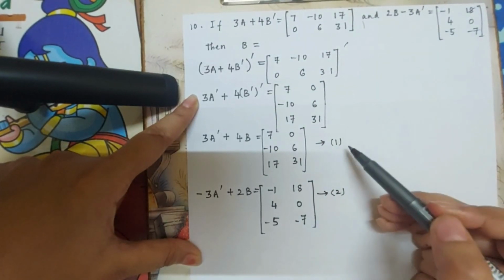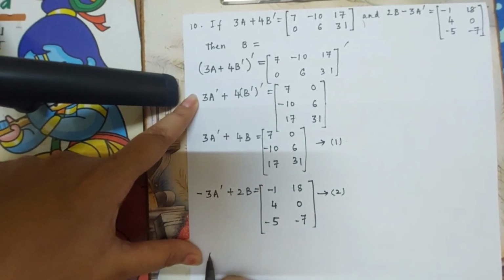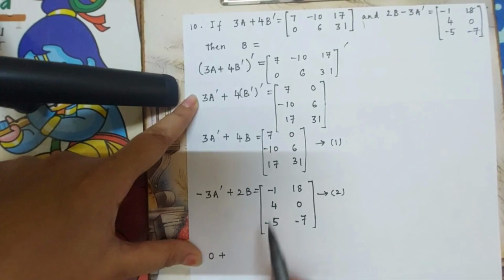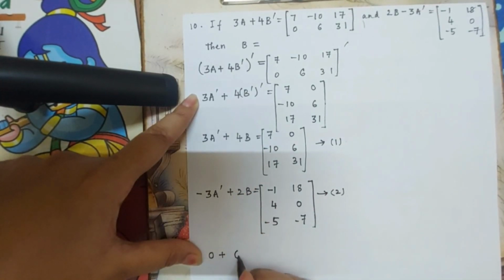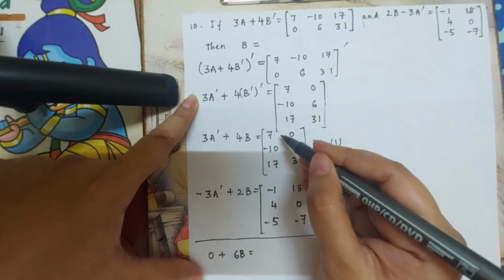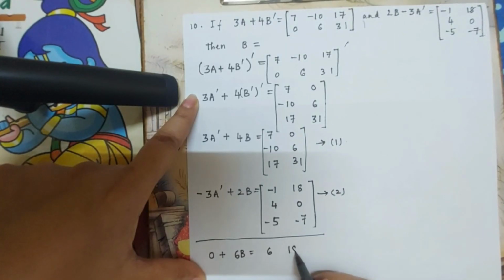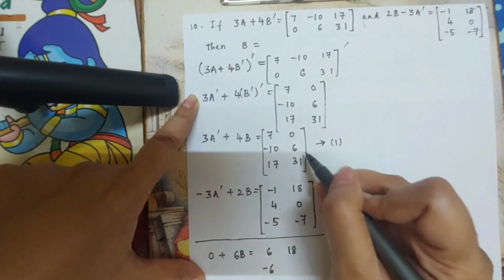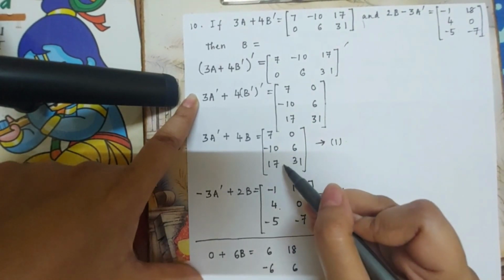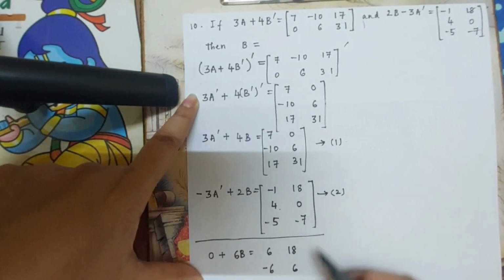Now if I add these two, plus 3A dash and minus 3A dash will get cancelled, and I'll be able to write this as 6B, that is equal to 7 minus 1 6, 0 plus 18 18, minus 10 plus 4 is minus 6, 6 plus 0 is 6, 17 minus 5 is 12, 31 minus 7 is 24.